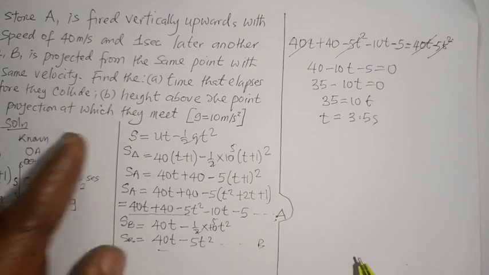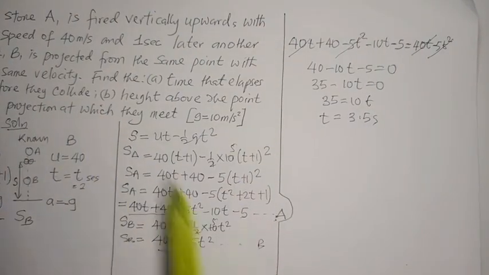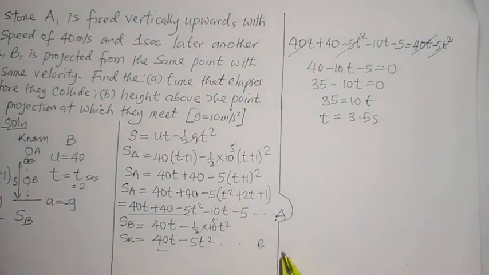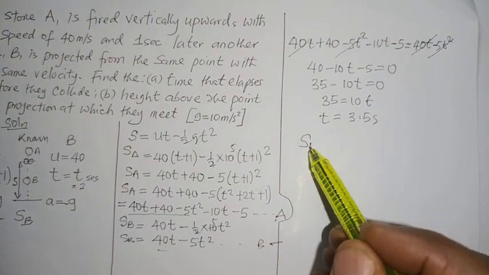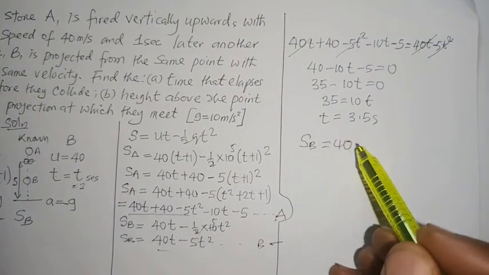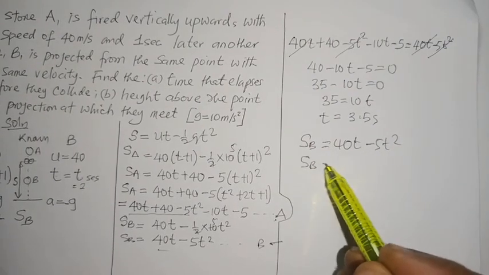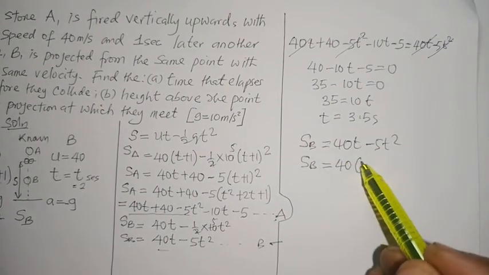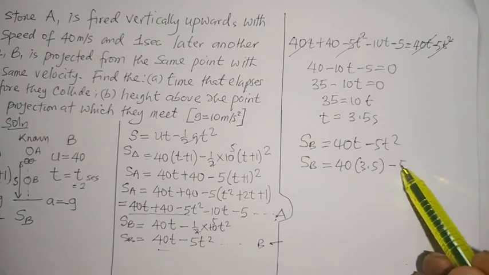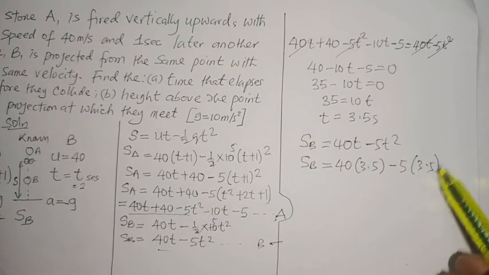For the height above the ground at which they meet, we can use one of the equations. Let me use equation B. Equation B says SB equals 40t minus 5t squared. That is SB, what I'm looking for. The time is 3.5, so 40 times 3.5 minus 5 times 3.5 squared.